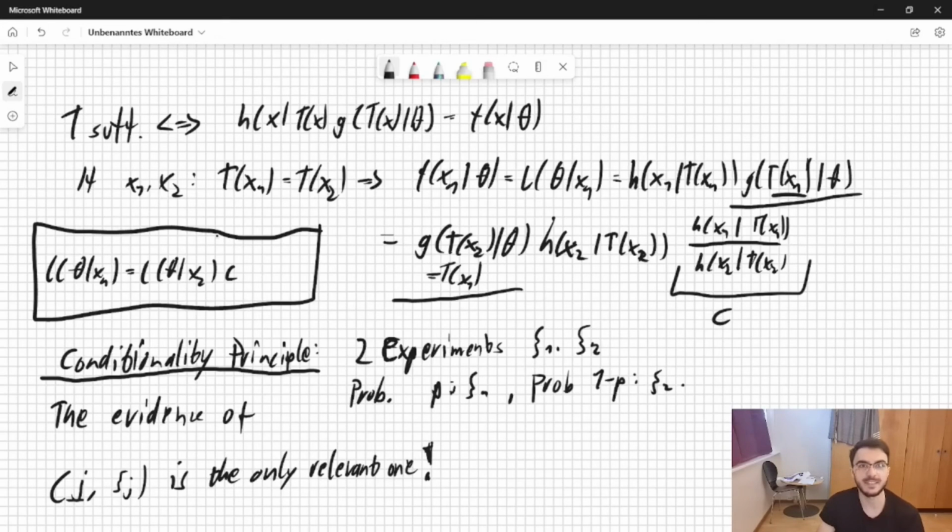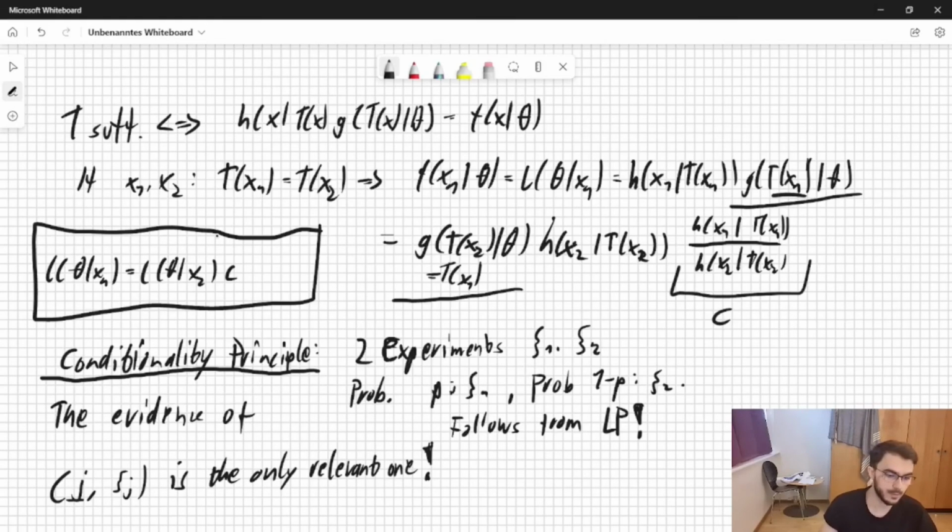So any kind of evidence that I get is only relevant for the other one. I don't care about what would have happened in the first one. And we can immediately see that this follows from the likelihood principle. Why?